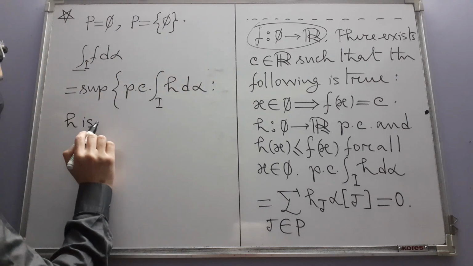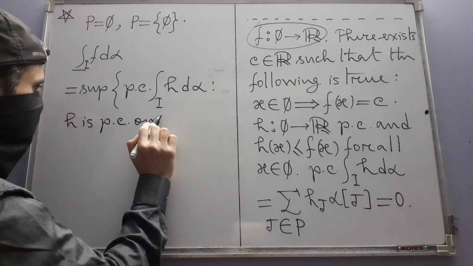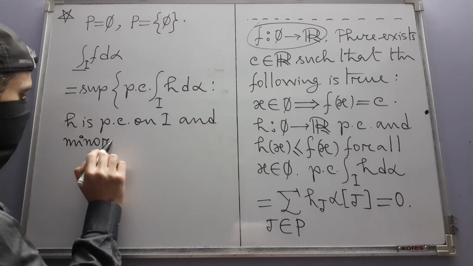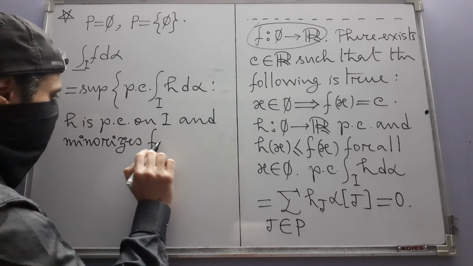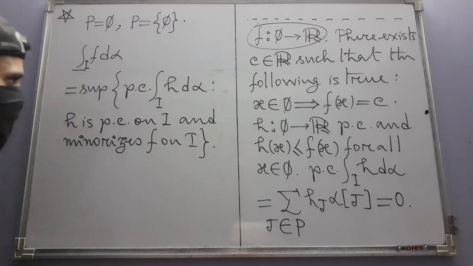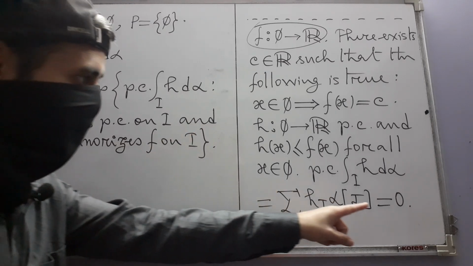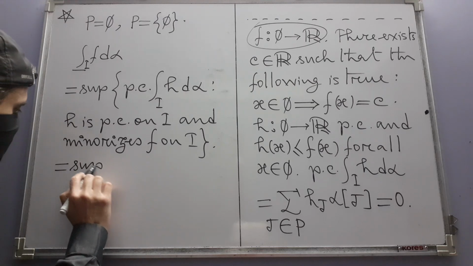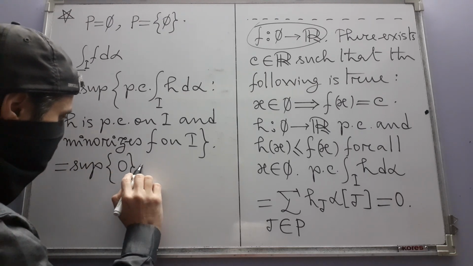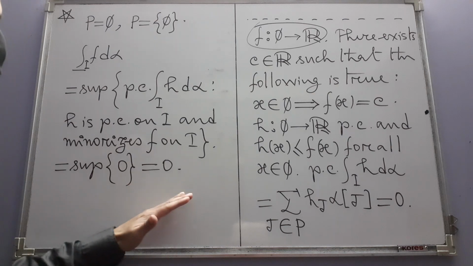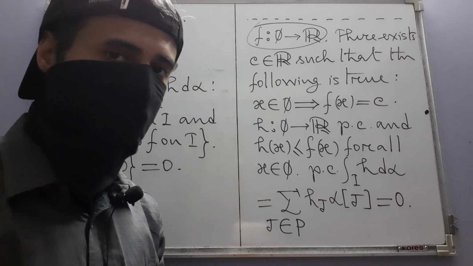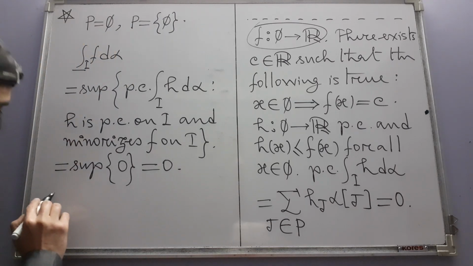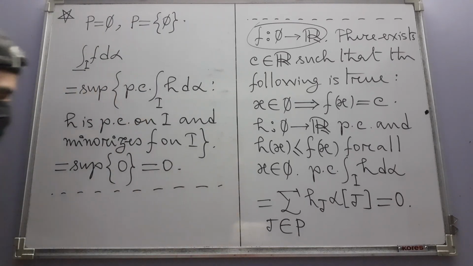The supremum of the PC integrals of H, where H is piecewise constant on I and minorizes f on I. This set is the singleton set consisting of 0, which is equal to 0. That is why the lower Riemann-Stieltjes integral is 0. Similarly, the upper Riemann-Stieltjes integral is also 0. And that's why we said that both the integrals are 0.